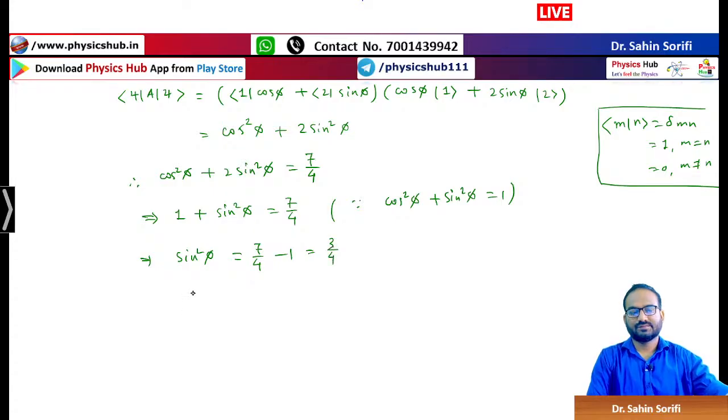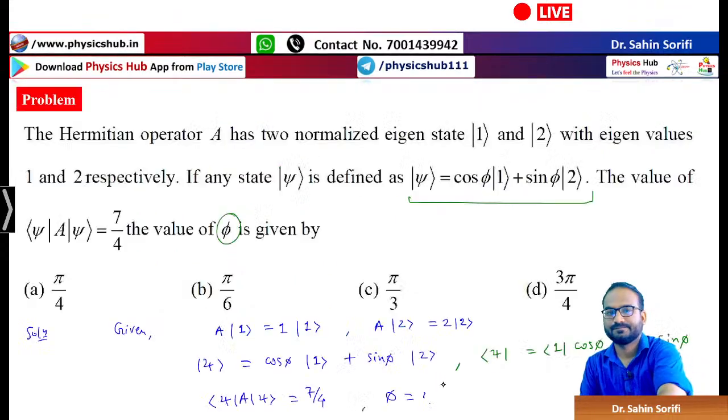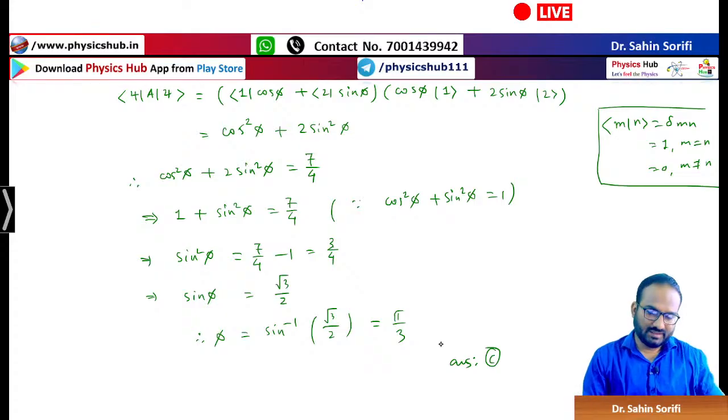And from this, we get sin phi = square root of 3 by 2, and you know the value of phi for which sin phi is root 3 by 2. Sin inverse of root 3 by 2, so 60 degrees, which means pi/3. See, clear?